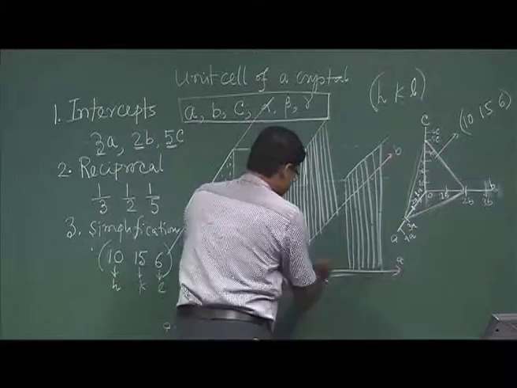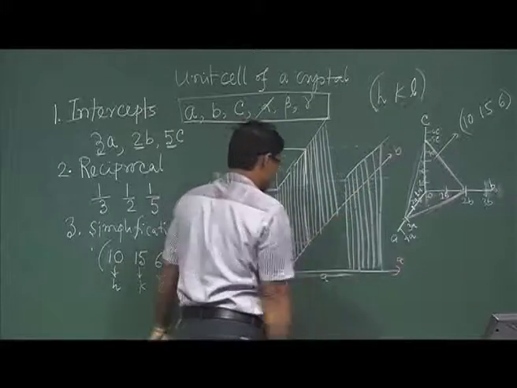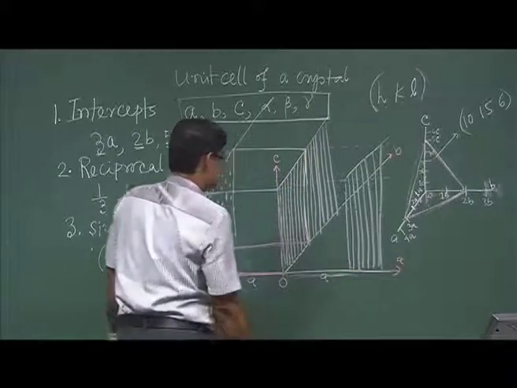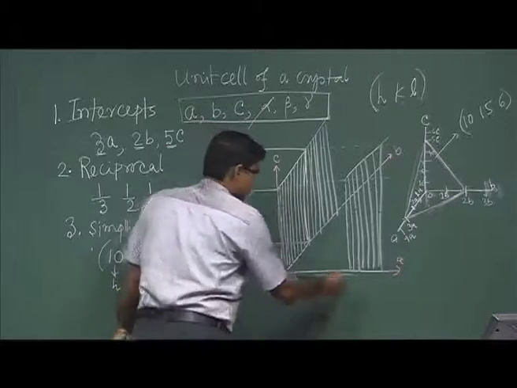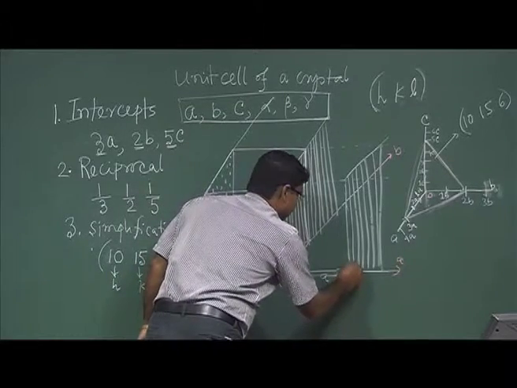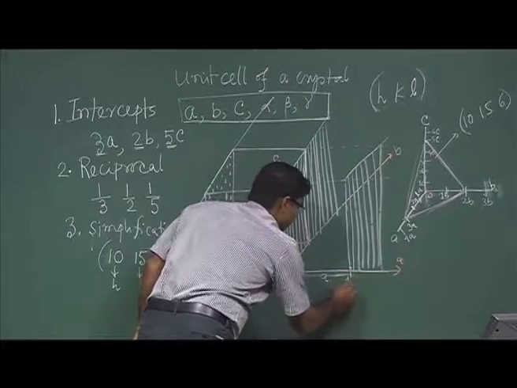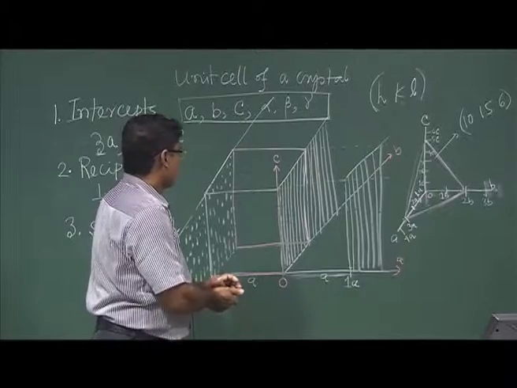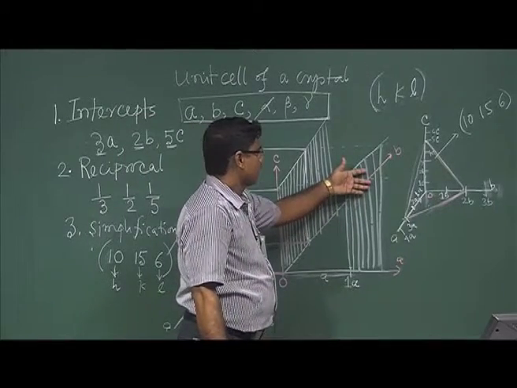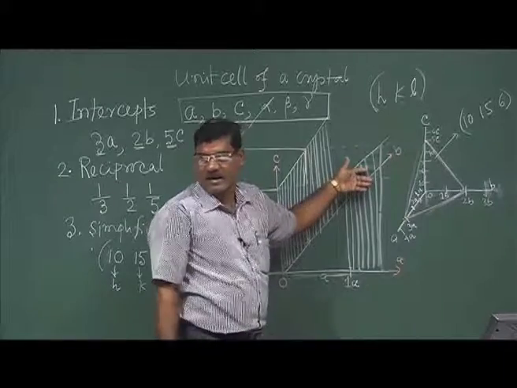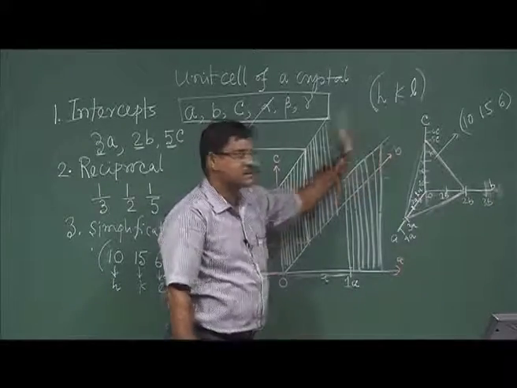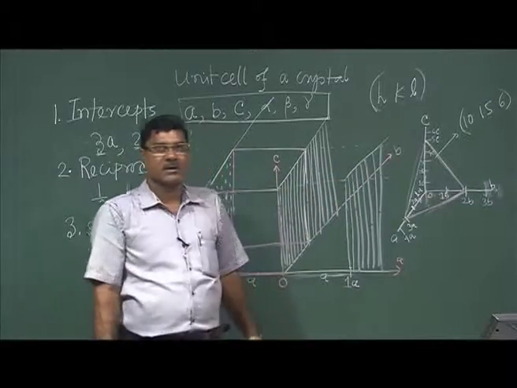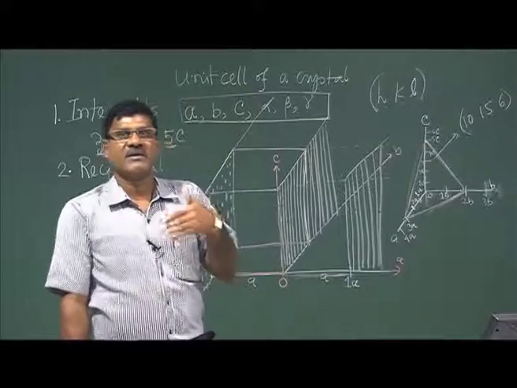Here I can see these planes intersect along the A axis here. So this is basically 1A, and it is parallel to the B axis as well as the C axis. It will not intersect, so it will intersect at infinity.